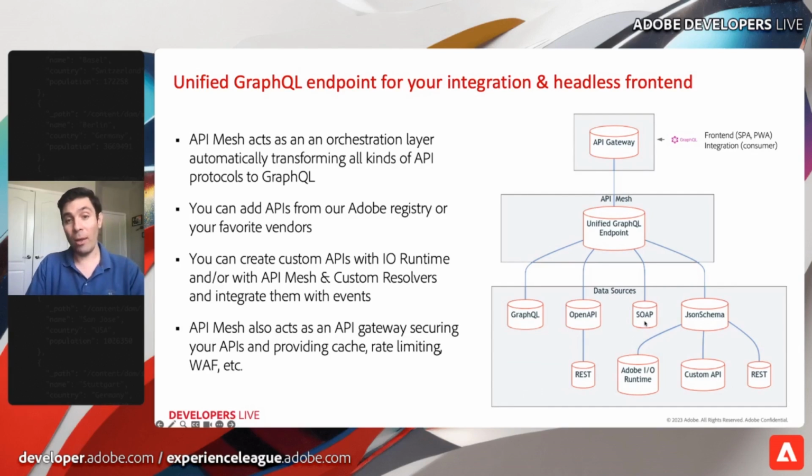We also added SOAP. We understand that there's legacy systems out there. They still use SOAP. It's a little bit verbose, but we had that demand and it's available right now. And the interesting part is this JSON schema. This is where your customizations are actually really living in API Mesh, because you can define your schema with JSON, and it can grab from any source as long as it is exposed to the web, right?